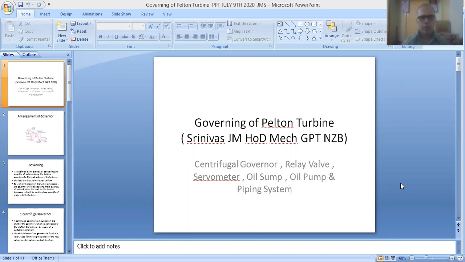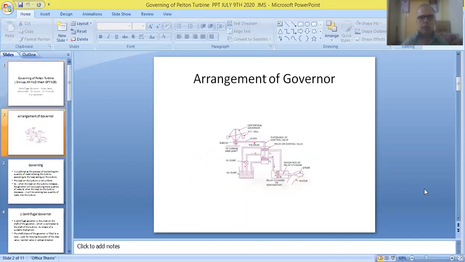Firstly, this is a centrifugal governor, relay valve, servomotor, oil sump, oil pump, and piping system. These components are very essential for operating the governor of a Pelton turbine.